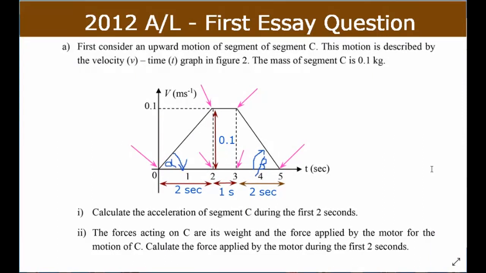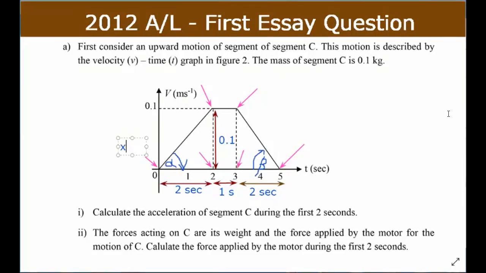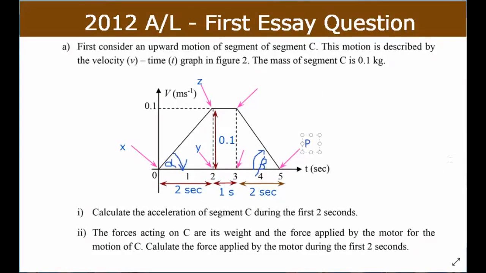I have asked you to name the first triangle as X, Y, Z. This is Y, and finally Z. The next triangle should be named as P, Q, R. Check and mark them properly.